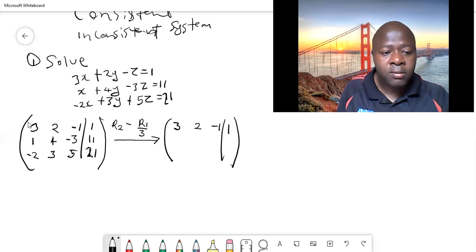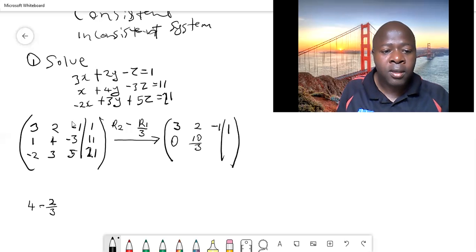So this divided by 3 is 1. Subtracted from this 1, I have a 0 in this position. This divided by 3, I have 2 over 3. And then subtracted from row 2, which has a 4 in this position. So what I'll be having will be 12 minus 2, which is 10 over 3.